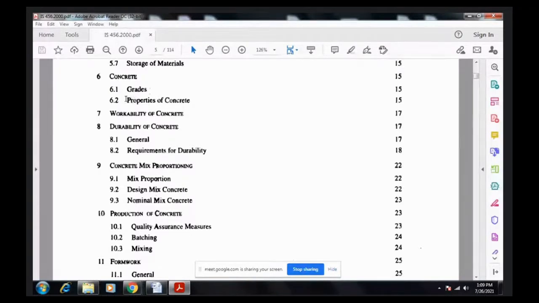Now, try to understand: you have designed 100% correctly. You have used rigorous analysis, very good software, and also prepared the drawings in the best possible way.